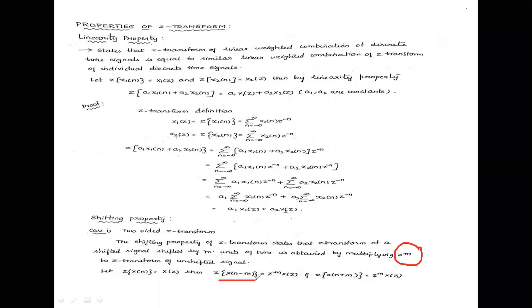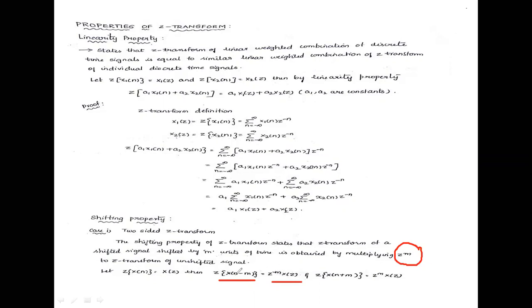I'm taking x(n minus m), m samples shifted in the time domain. In the frequency domain, X(z) is multiplied with z power minus m.